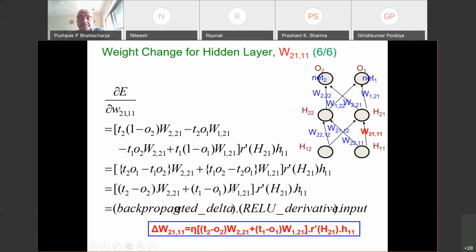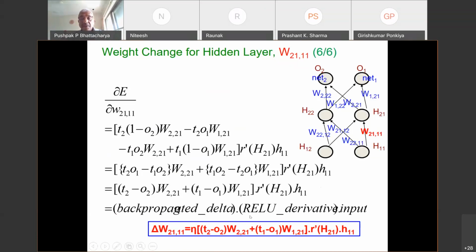This is for the penultimate hidden layer. For the hidden layer below, the same delta will be backpropagated over the weights and summed up over all the neurons which are feeding back into the neuron of interest.